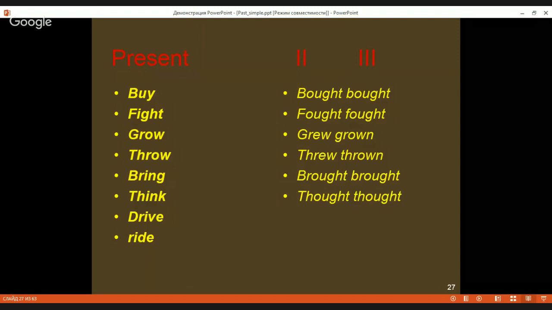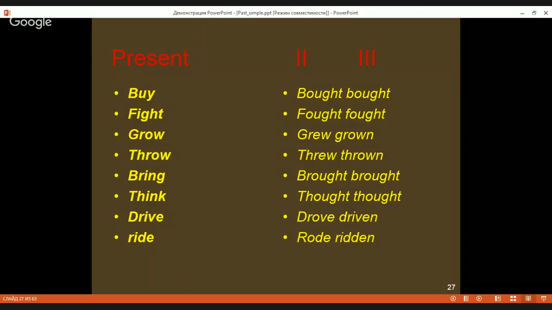Let's have a look at drive and ride. The three forms of drive are drive, drove, driven. Now it's your turn to write down ride. Yes, it's ride, rode, ridden.